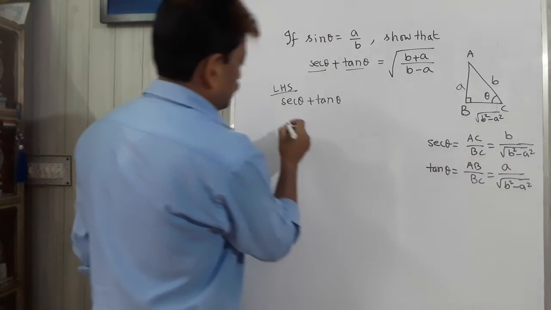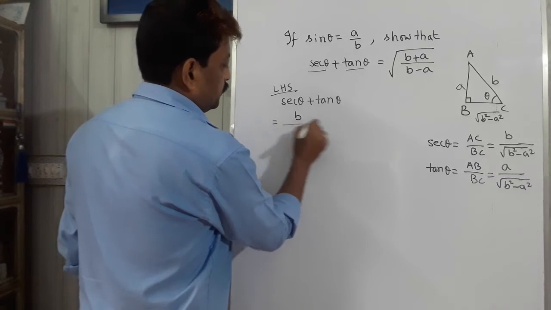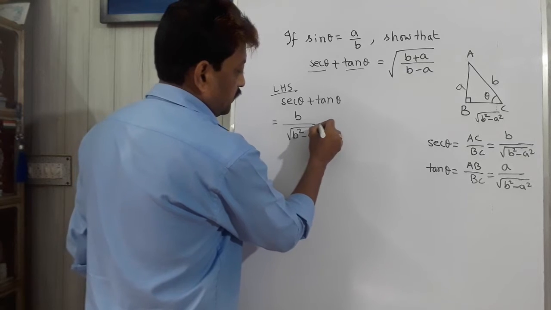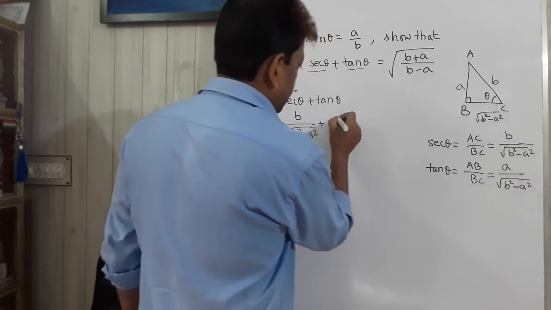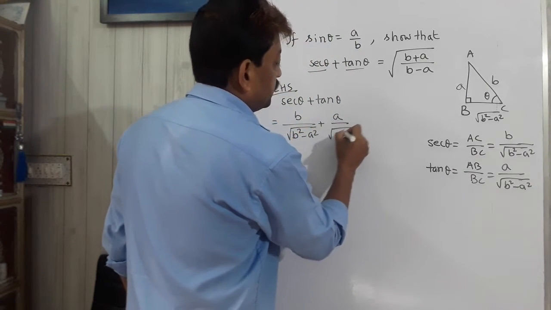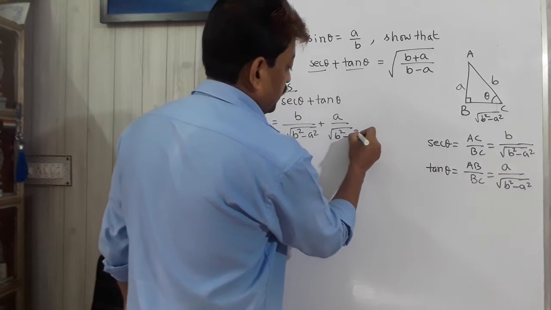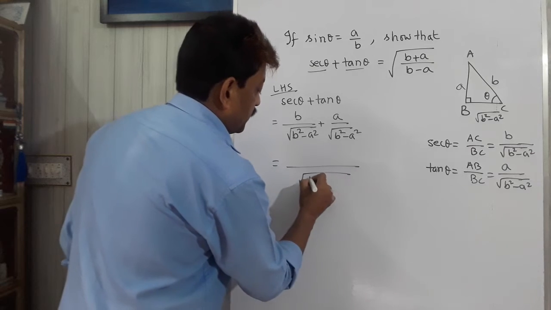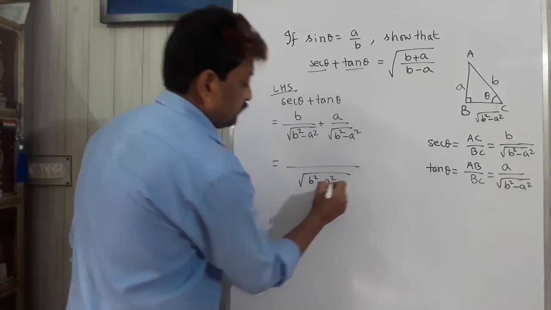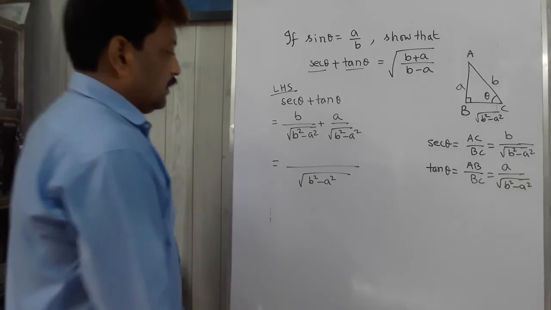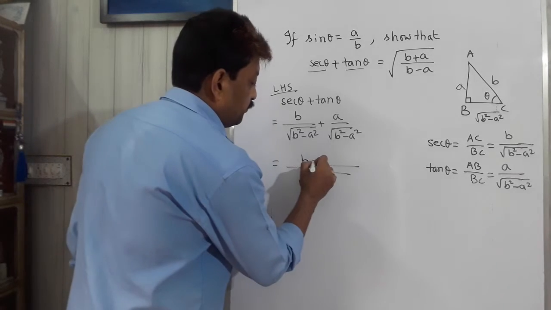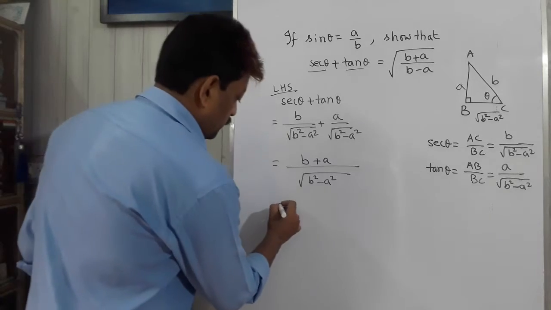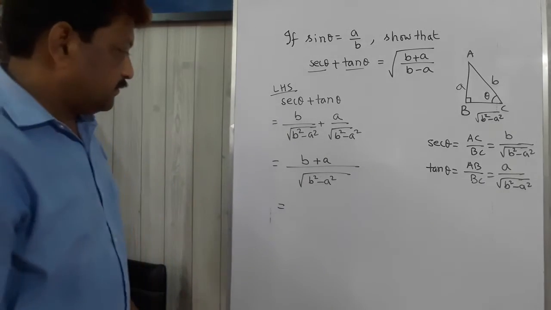Sec theta is b upon root over b square minus a square, and tan theta is a upon root over b square minus a square. Now the LCM will be root over b square minus a square, and here it will be b plus a. Now let me simplify the whole thing.